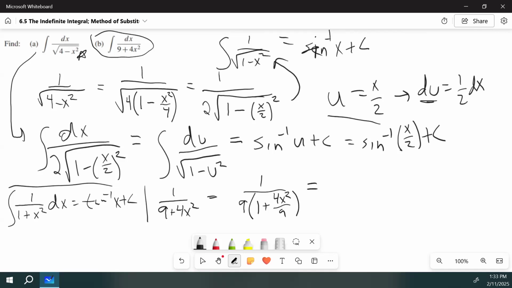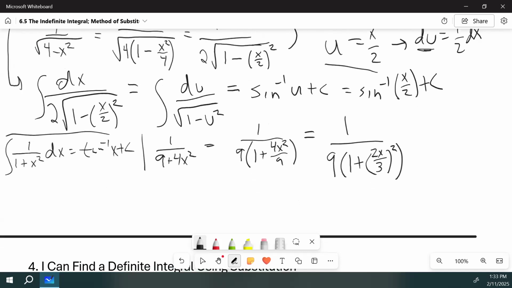And then since I need to write 4x squared over 9 as something squared, you would have 1 over 9 times 1 plus 2x over 3 squared. Now I can use that to rewrite my integrand.